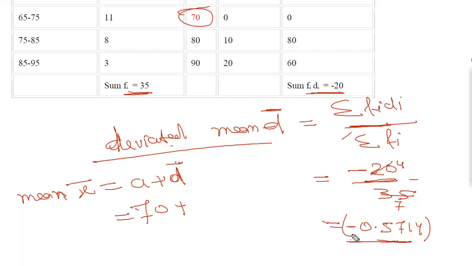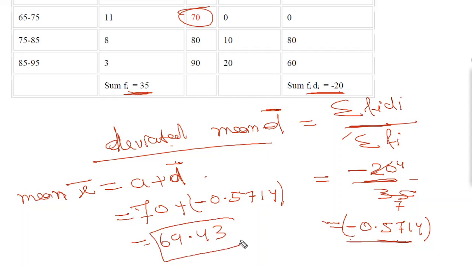Deviated mean is your minus 0.571. So which will be equal to, you can neglect these numbers, we can write only 0.57, okay. So it will be equal to 69.43. So this will be your mean.